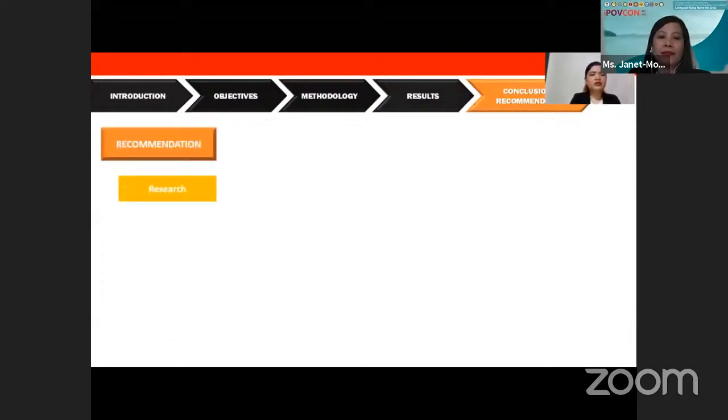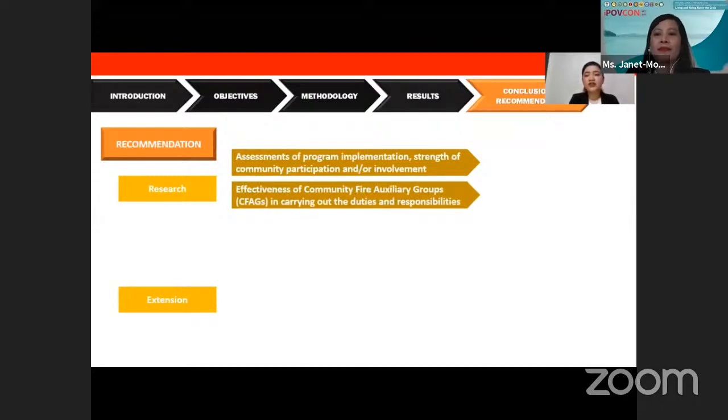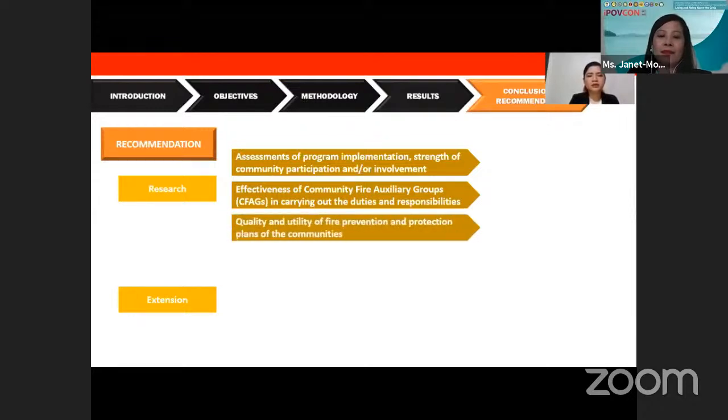For recommendation, the study further recommends research, especially on areas of assessment of program implementation, effectiveness of the CFAC, or the Community Fire Auxiliary Groups. This is to measure grassroots leadership, quality and utility of fire prevention protection plans of the communities.